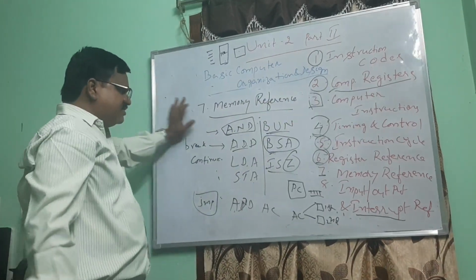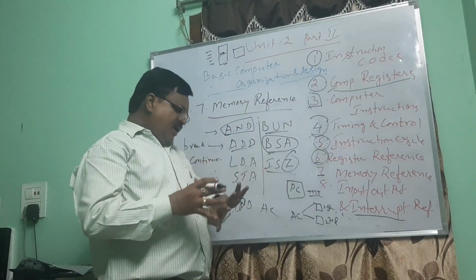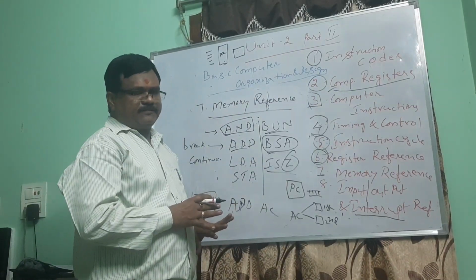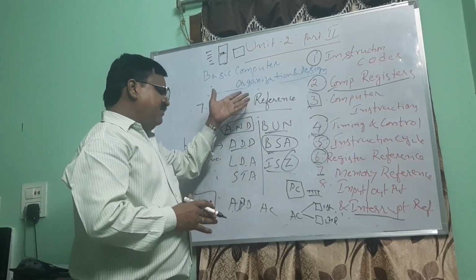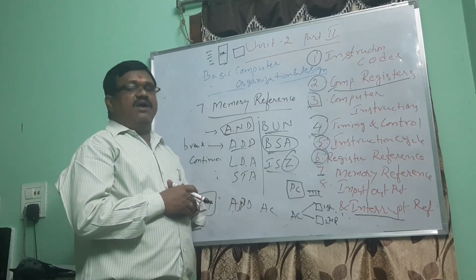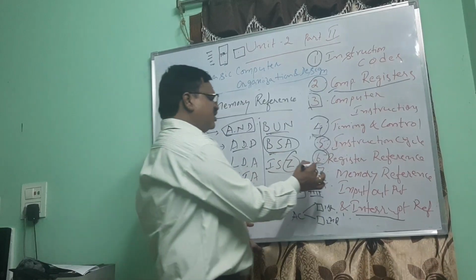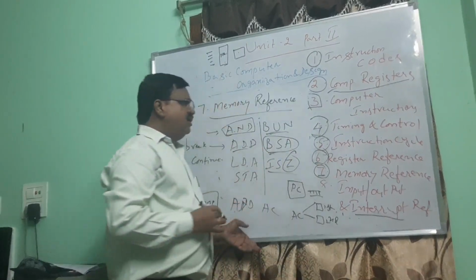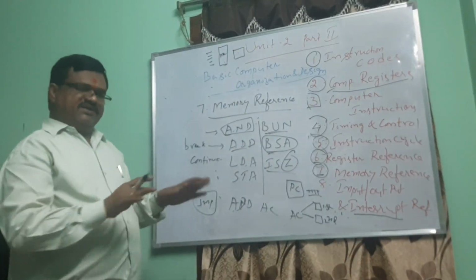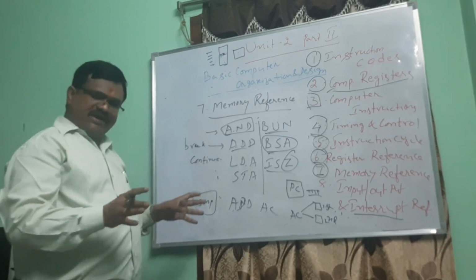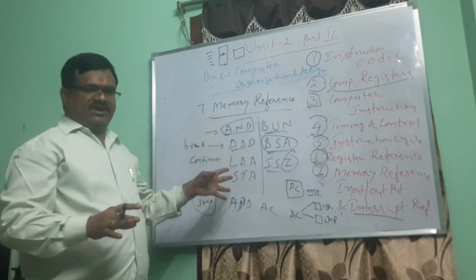As these are all internally related with memory, that's why these are called memory reference instructions. So when we discuss this point number 7, we will discuss all these things, their syntax, their semantics, their structure, and everything here.